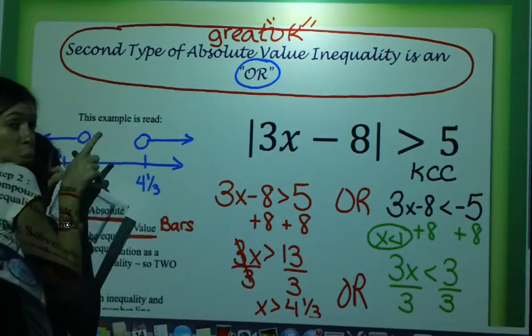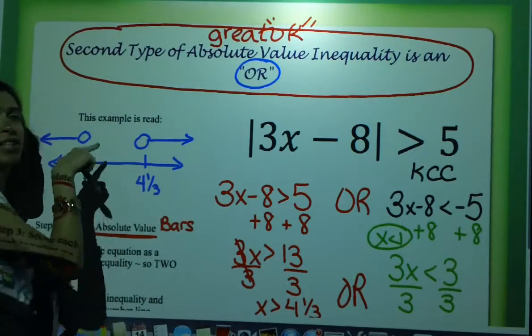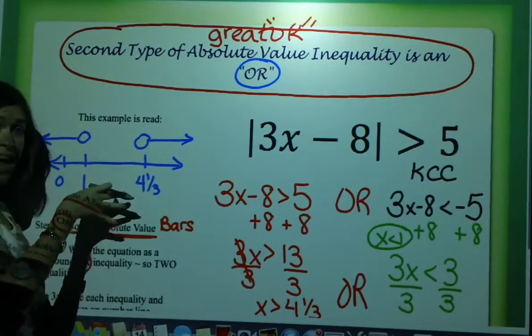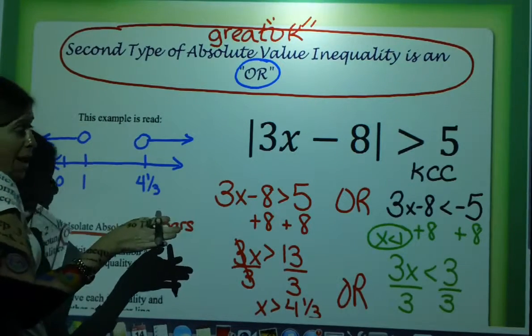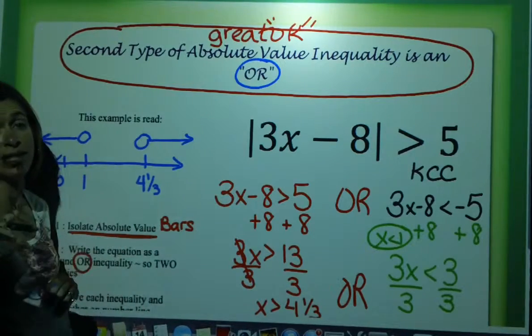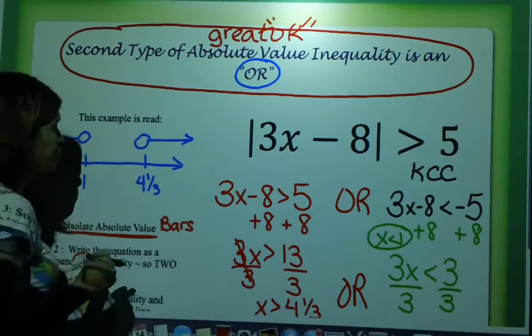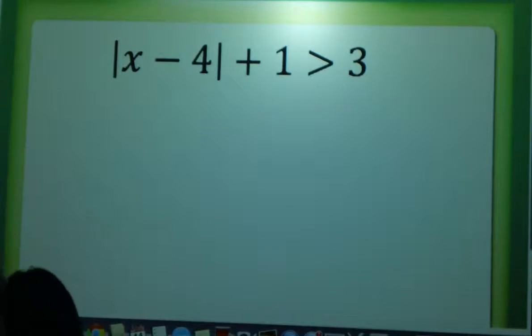The OR graph is pointing out. I'm going to talk about when this won't happen, but for now, let's make sure that our OR graphs always point out, so we're going out instead of in between the two sandwiches like in the less than graphs.